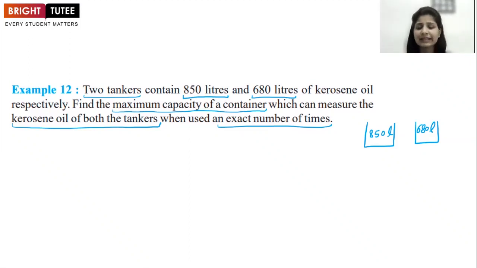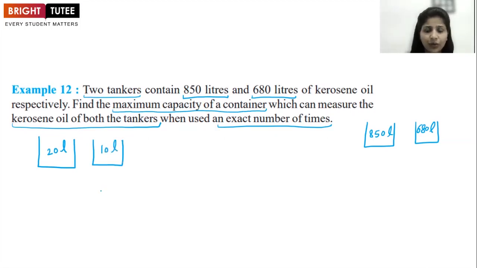What it actually means, let us just take a very simple example and understand it. Suppose I have here some 20 liters, and here I have 10 liters. Now I have to find the maximum capacity of a container.